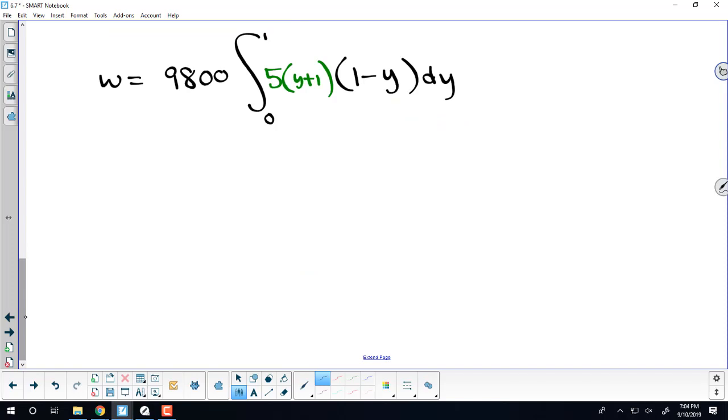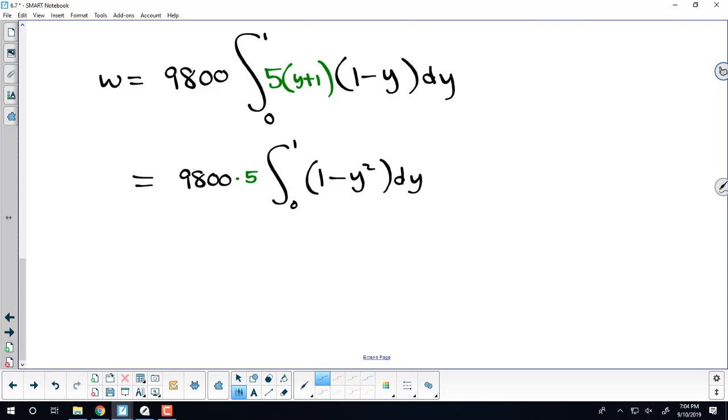Remember, don't integrate across a product. But we have 1 minus y times 1 plus y, which is the difference of squares. So then you can just integrate those as powers of y.